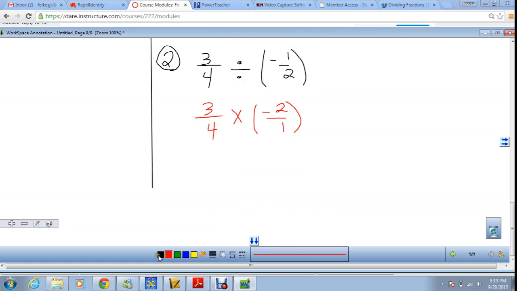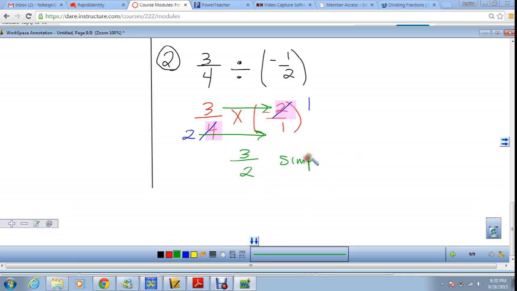Now you can cross simplify. You've got a 4 and a 2. What number can go into both 2 and 4? 2 can. 2 goes into 2 once, 2 goes into 4 twice. Can't cross simplify anymore, so multiply numerator times numerator. 3 times 1 is 3. 2 times 1 is 2. Now you get 3 halves.